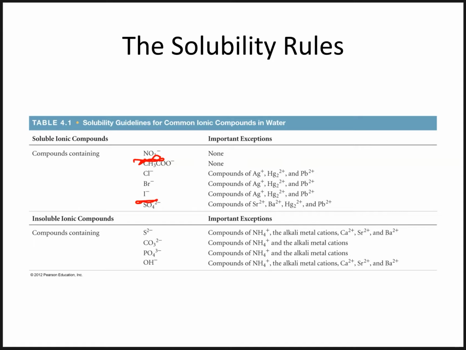Something with an iodide ion in it is going to be aqueous as well, unless it's, for example, silver iodide, lead(II) iodide, or mercury(I) iodide, in which case those would be solids. The insoluble compounds never dissolve into solution unless they're paired up with their exceptions here.